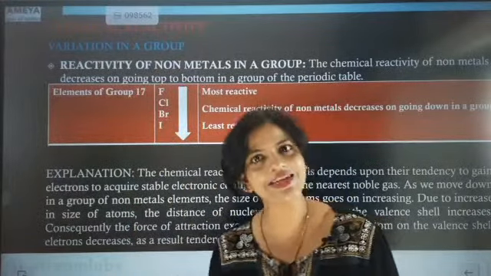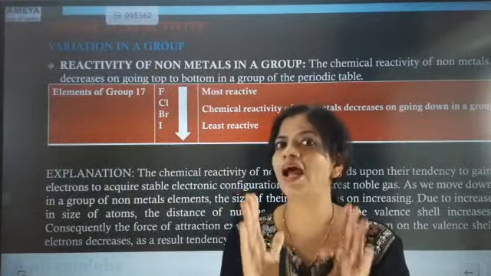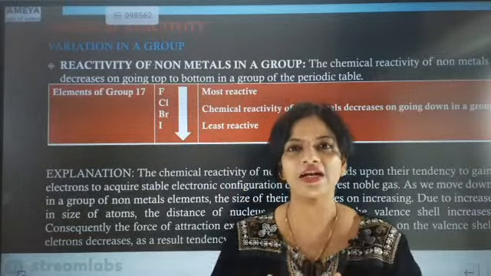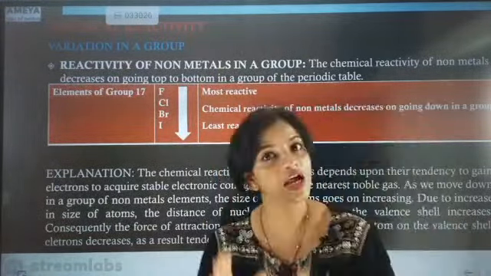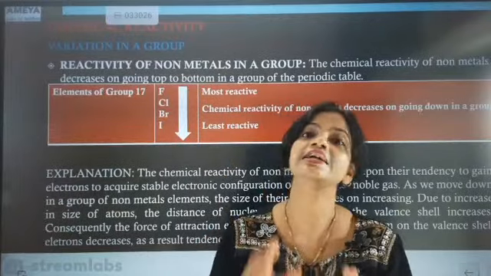See, they are having more reactivity. This family, group 17, is more reactive than other groups, but when you go down the group, the reactivity decreases.